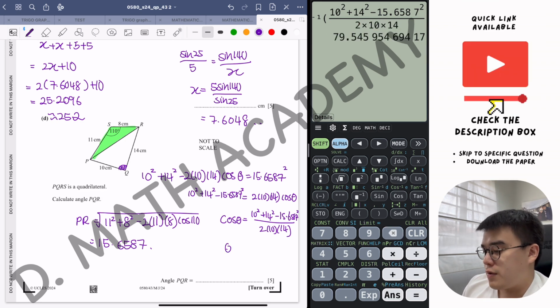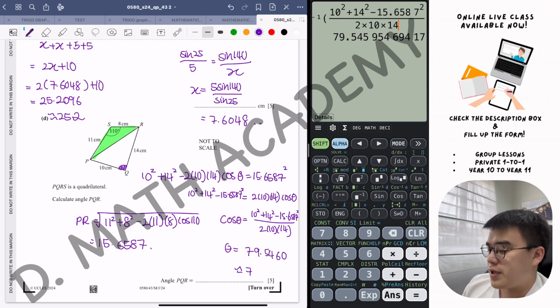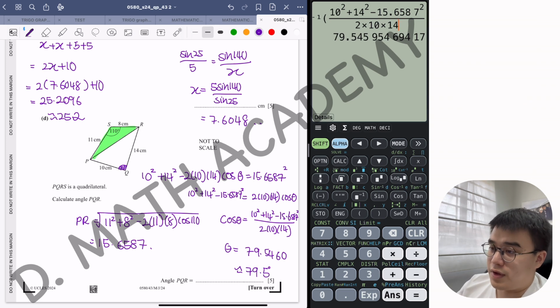Okay, you get your theta's final value as 79.5460, which is approximately 79.5 degrees.